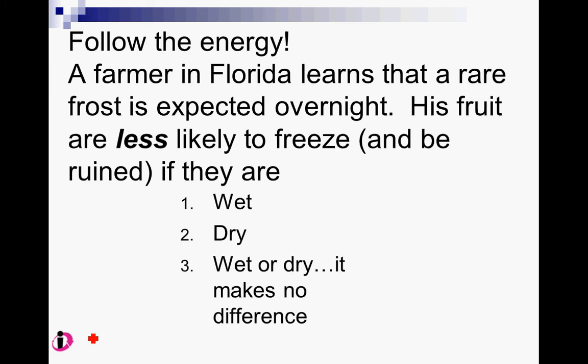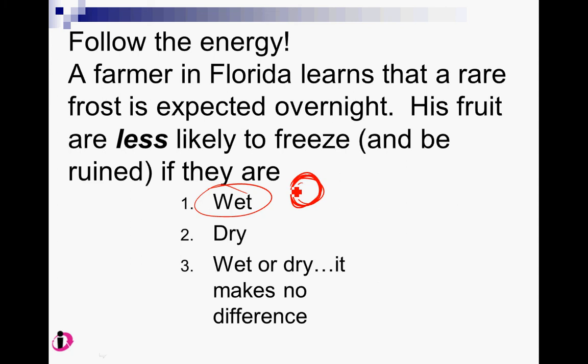Okay, you're back. So I want to think about what happens to this fruit if they are wet. If I've got fruit and it's cold outside, near freezing, energy is going to be leaving my fruit. Now if I cover my fruit with a thin layer of water, energy is going to be leaving the water instead of leaving my fruit.